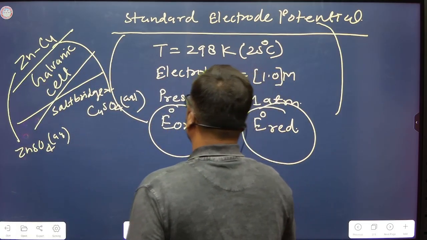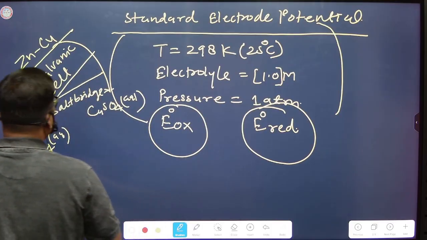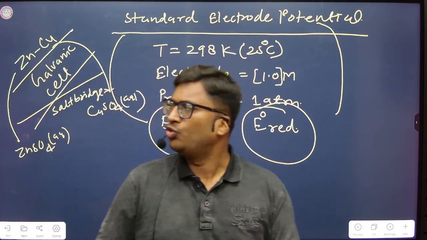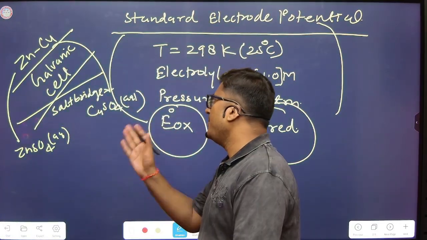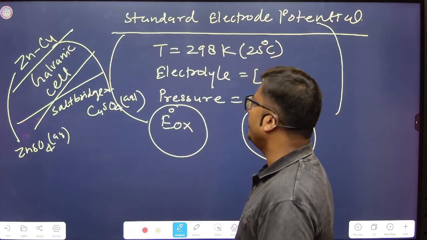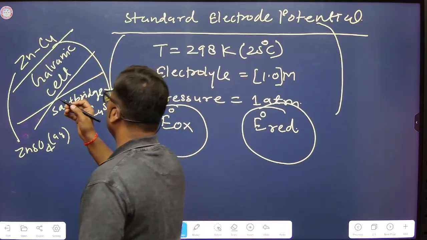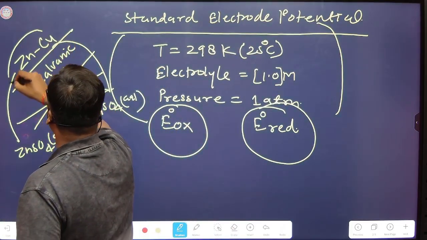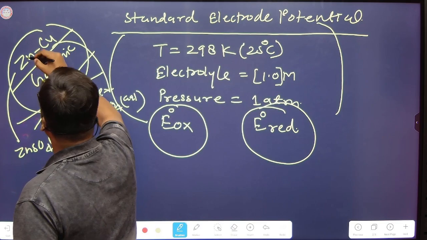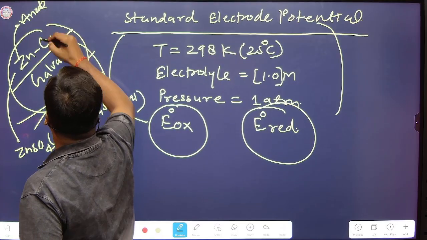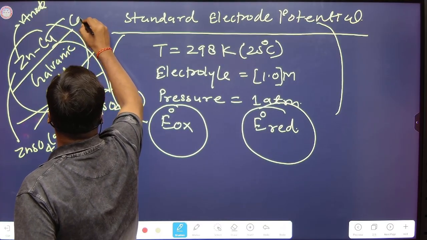The cell is composed of an anode and a cathode. One metal acts as the anode while the other acts as the cathode. In this galvanic cell, zinc acts as the anode and copper acts as the cathode.